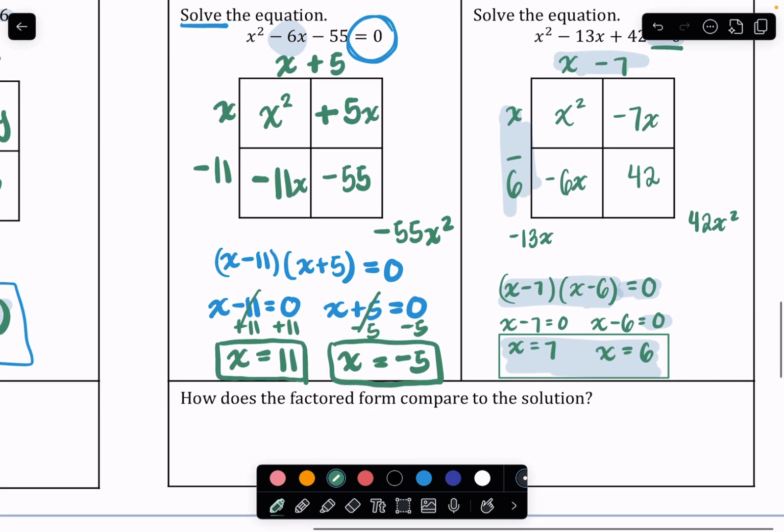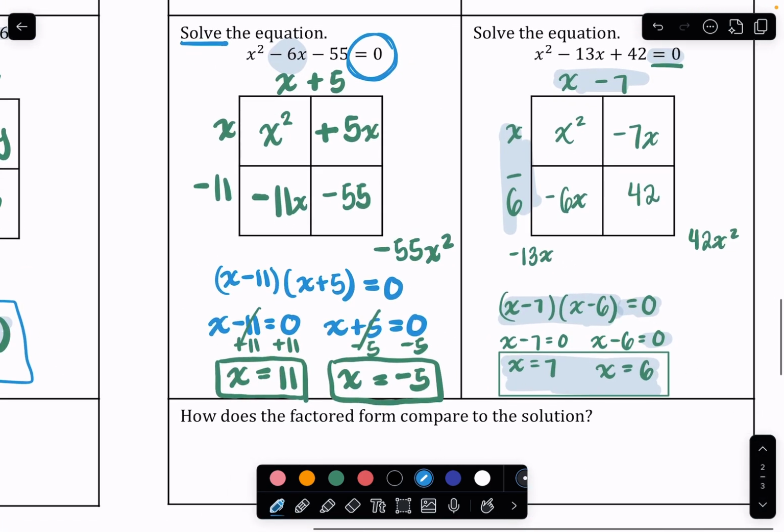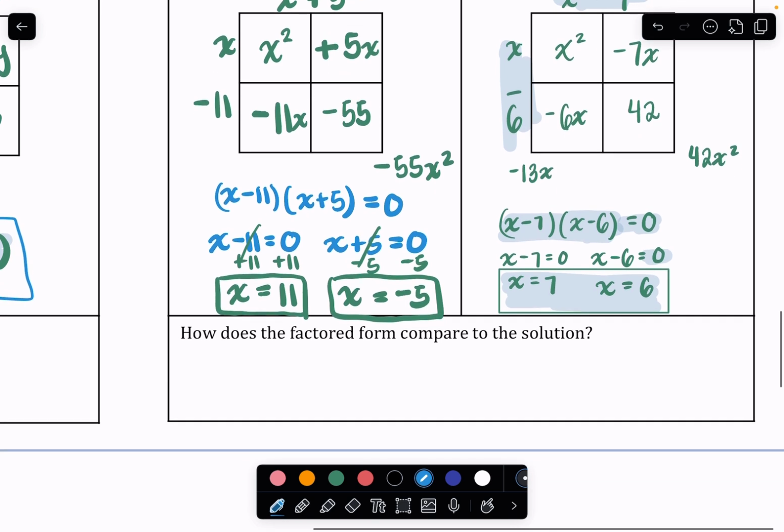Now I want to leave you with this last question. How does the factored form compare to the solution? Basically everything we did but the last two problems represents the factored form. So just as a reminder, I'm going to use this last one.